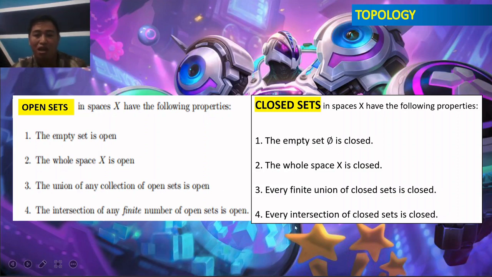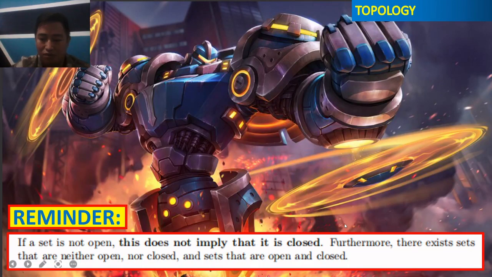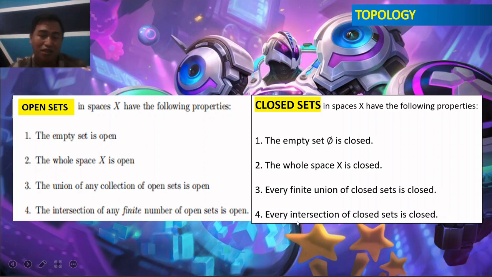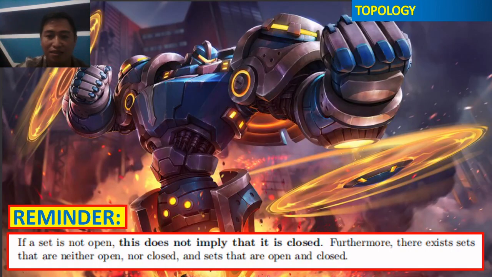Number 4, every intersection of closed sets is closed. From the word every, the intersection can be finite or infinite, while for open sets the intersection is only finite. So that is the difference.